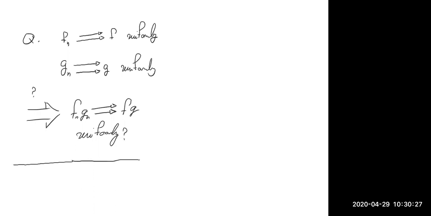But since we might not have any specific counterexample in mind, let's try to prove it and see what will happen. So let's try to prove that FnGn would converge to FG uniformly.